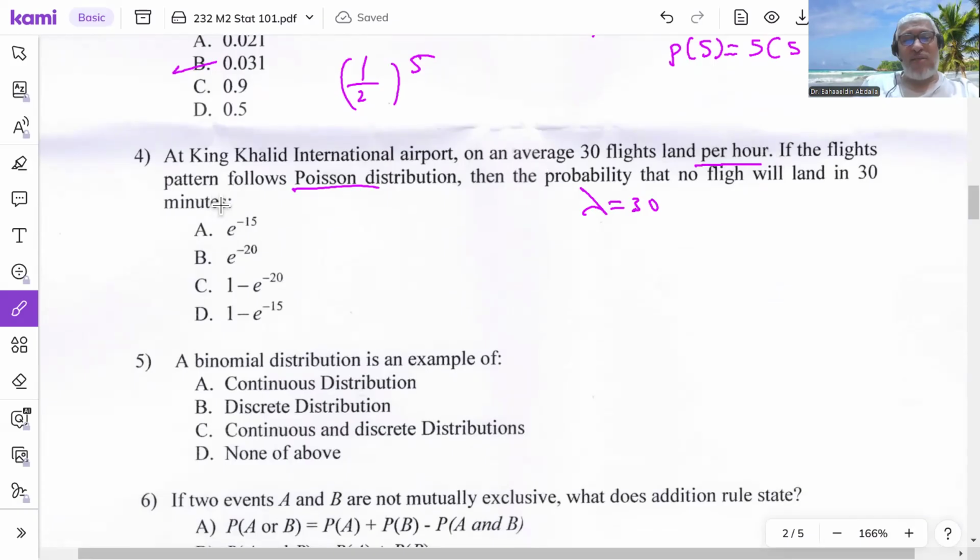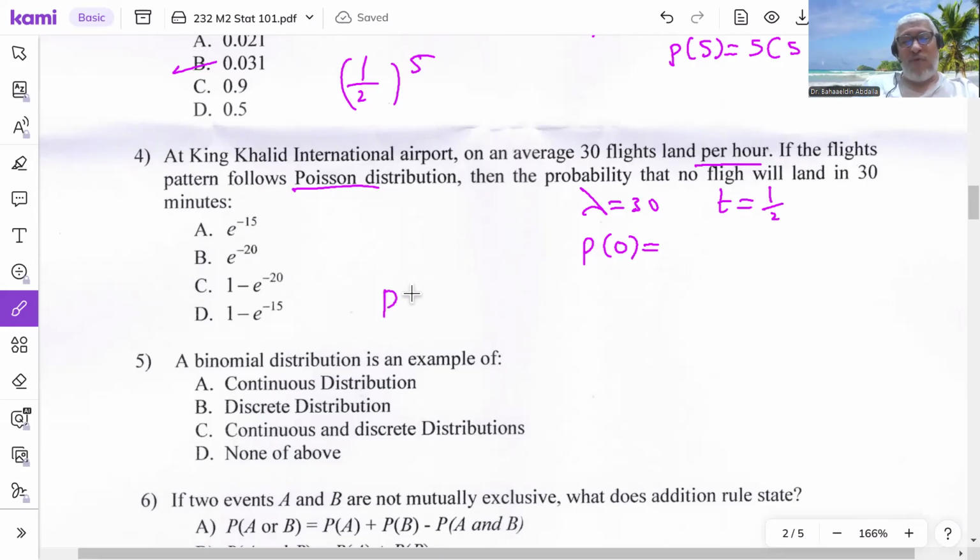If the flights pattern follows a Poisson distribution, then he's asking about the probability that no flight, which means number of flights is 0, X is 0, will land in 30 minutes. He said per hour. So T here is 30 minutes, meaning half a segment. One segment is 1 hour. 30 minutes, half an hour, or half a segment.